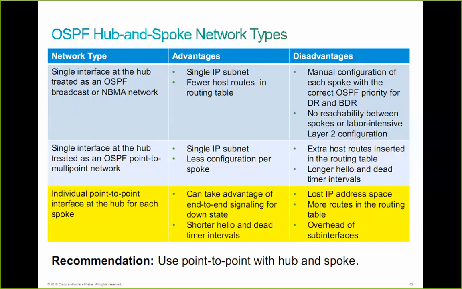But after the configuration, point-to-point sub-interfaces provide the most stability. They're easier to manage, they're easier to verify and troubleshoot, and they work very, very well in a hub and spoke environment. So in order of preference, I would say that the top one, the broadcast or NBMA modes, typically we avoid those as much as possible.